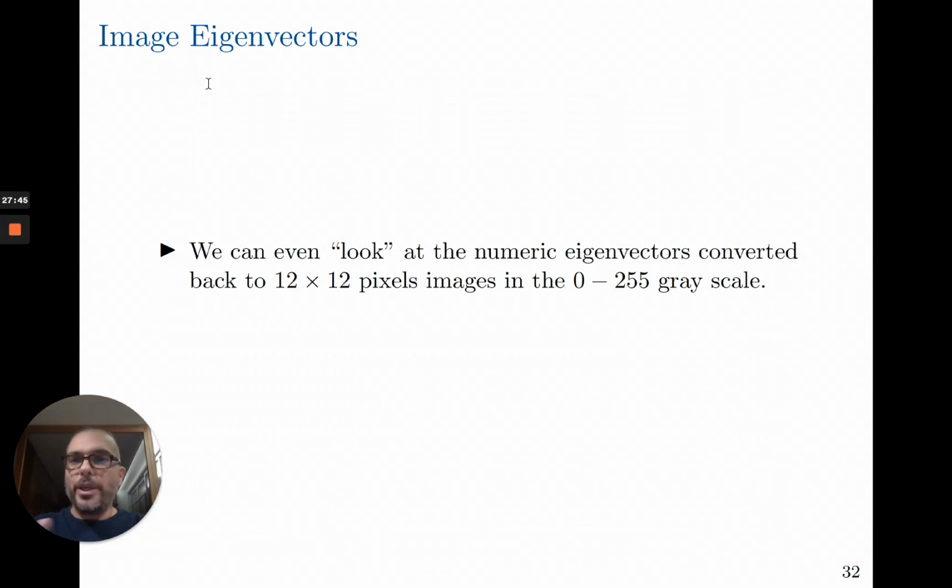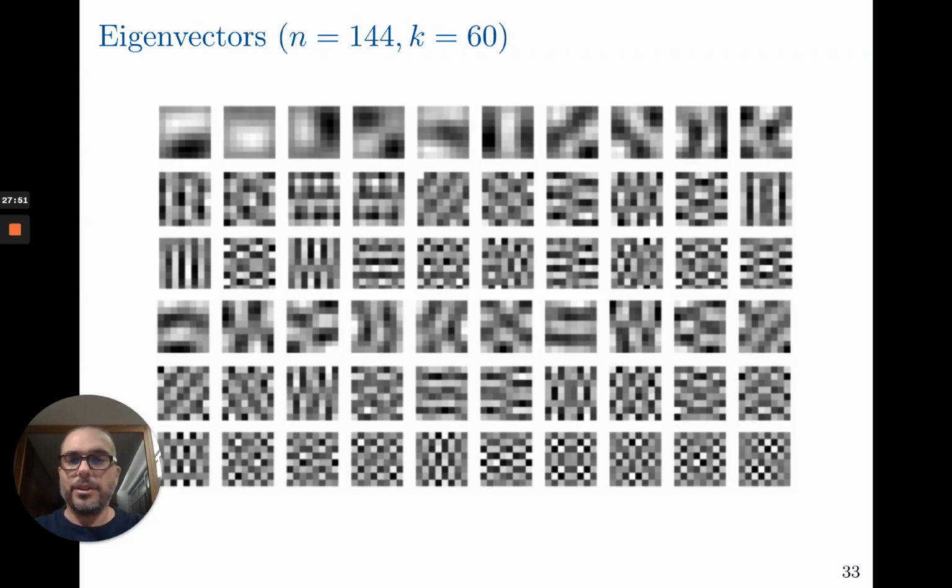And we can look at the numeric eigenvectors converted back to the 12 by 12 pixels to see which group each principal component is selecting. So this is for k equals 60.